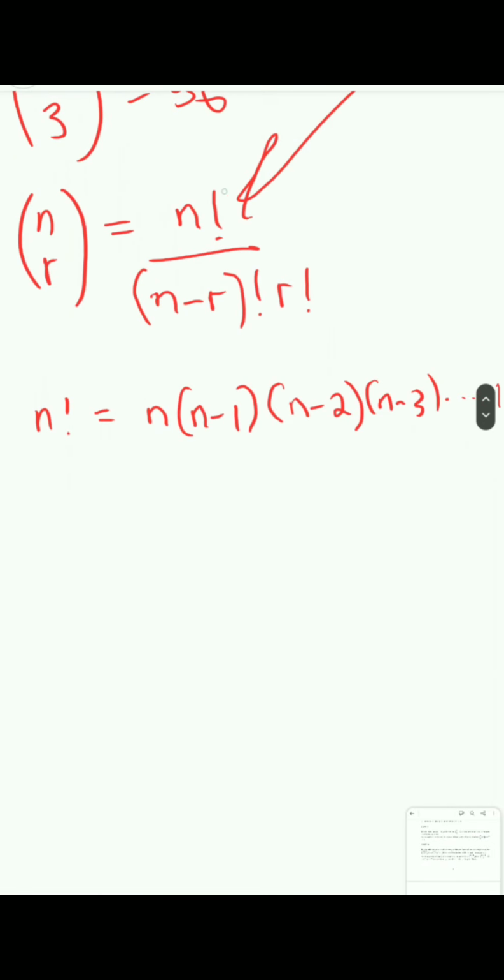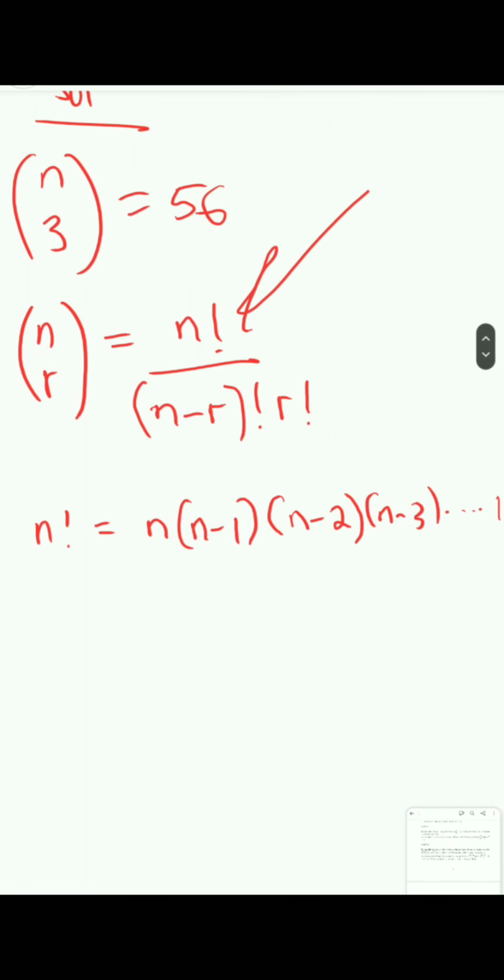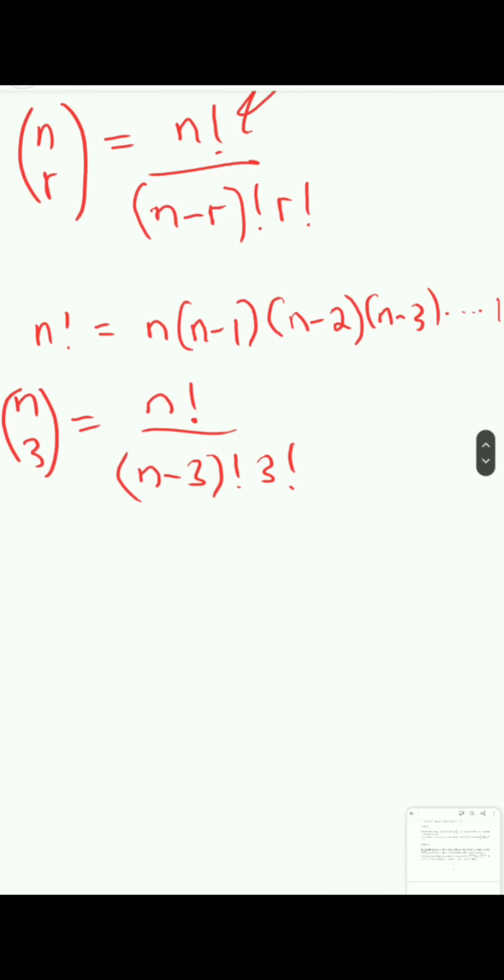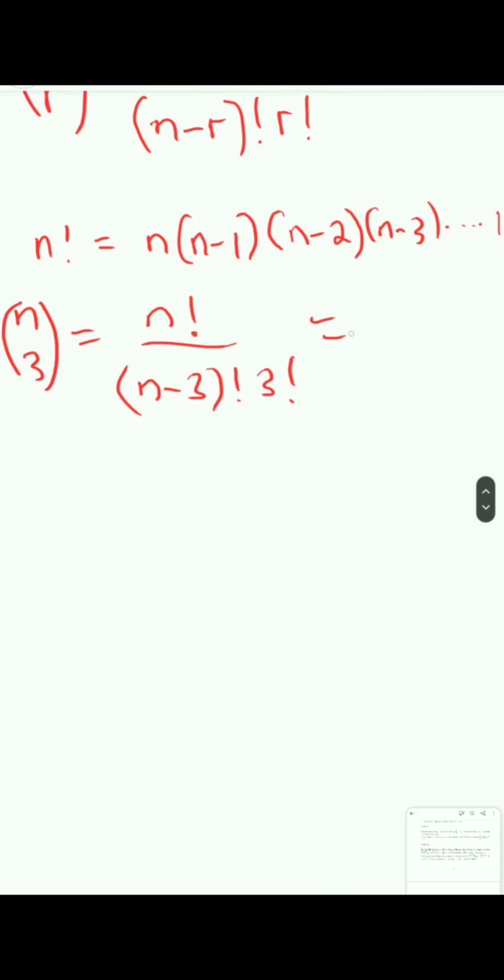Now let's simply substitute. Here we have n choose 3, which is the same as saying n factorial over n minus 3 factorial, then 3 factorial. This is equal to 56.